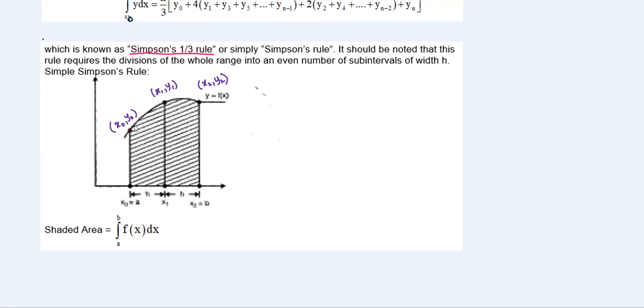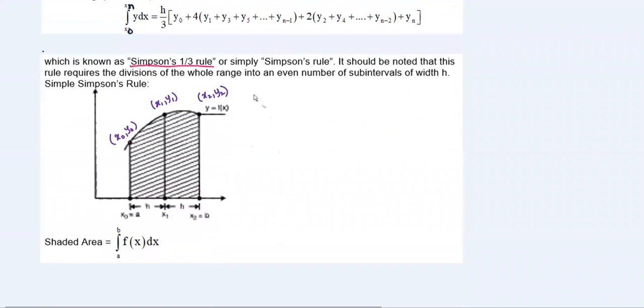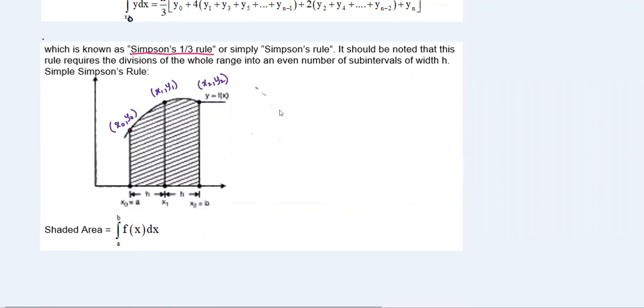So the approximation here is not a straight line, it is quadratic. Therefore we get the result that the integral from x0 to x2 of y dx is h upon 3 into (y0 plus 4y1 plus y2). This expression is a result of having a quadratic curve here.